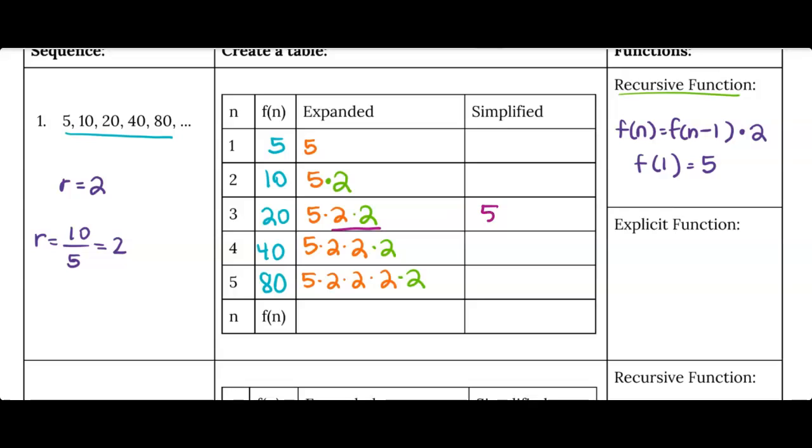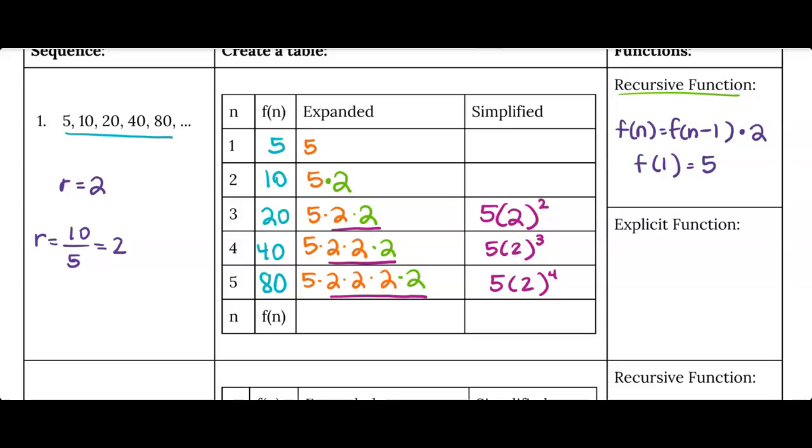So instead, I'm going to write it as 5 and then put my 2 in parentheses and square it. And then 2 times 2 times 2 would be the same as 5 times 2 cubed. And 2 times 2 times 2 times 2 is the same as 5 times 2 to the 4th.